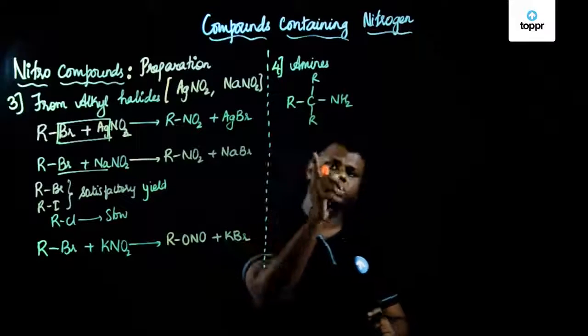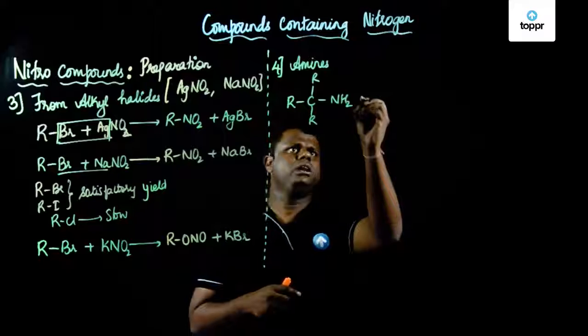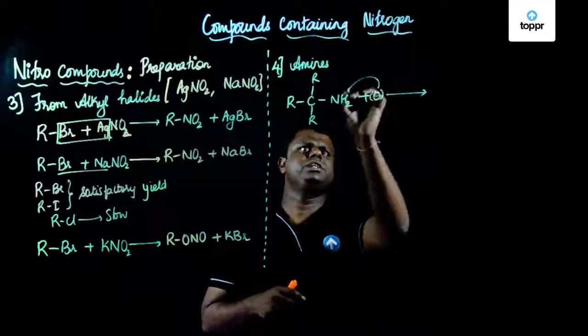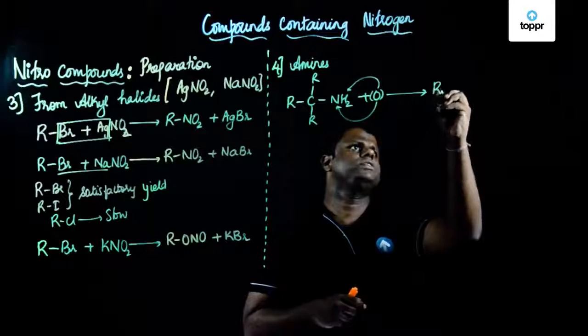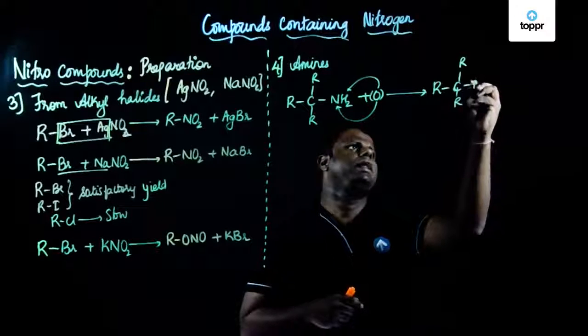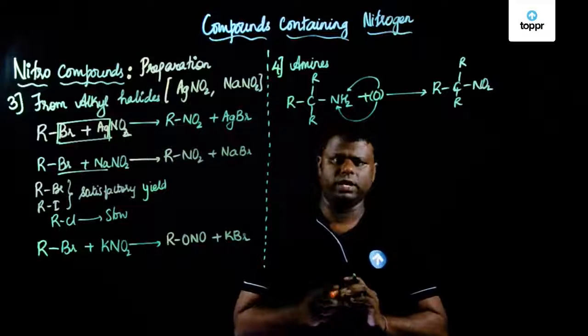It's not actually a tertiary amine, it is a tertiary alkyl amine. Now what exactly happens on oxidation? Oxidation is removal of hydrogen and addition of oxygen, as a result of which you get R, C, R, one more R and NO2. So you get a nitroalkane in this as well.